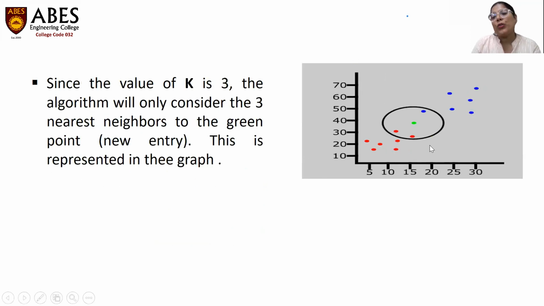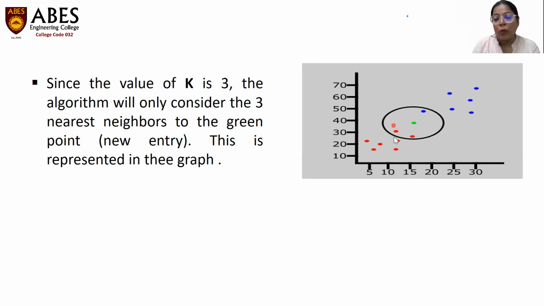Now, once you have been given the new data, as we have taken the value of k as 3, we have to find the 3 nearest neighbors, which are the closest. So you can see this one is closest to the new data point. This one is closest. This one is closest.